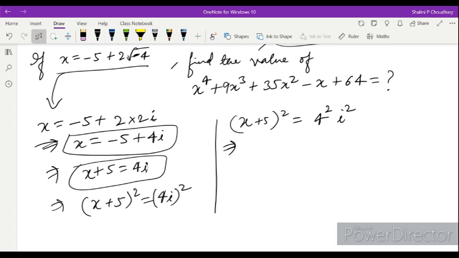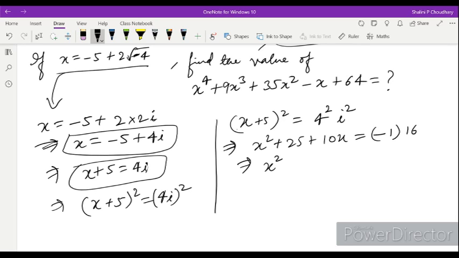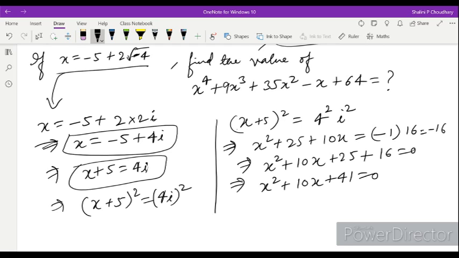It means x square plus 5 square, that is 25, plus 2ab, 2 into x into 5, so 10x, will be equal to 4 square, which is 16, and i square will be minus 1, so minus 1 into 16. So x square plus 10x plus 25 minus 16, it will be equal to minus 16, so plus 16 will be equal to 0. So x square plus 10x plus 41 will be equal to 0.